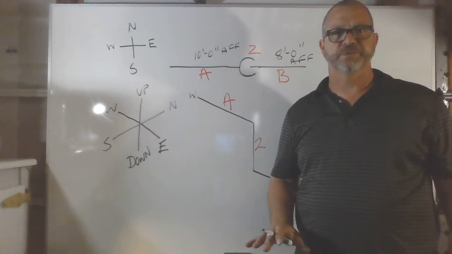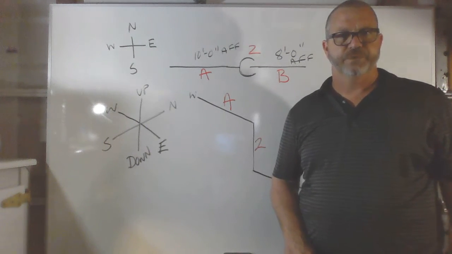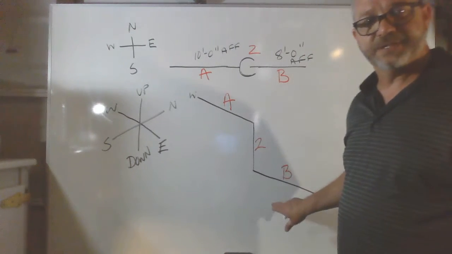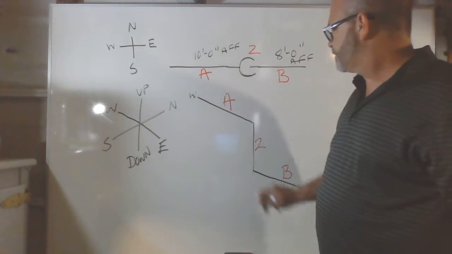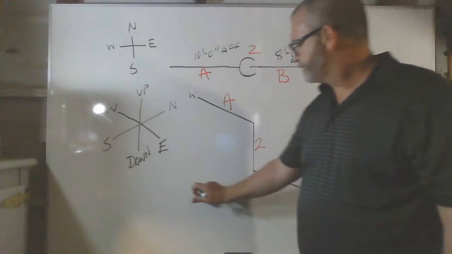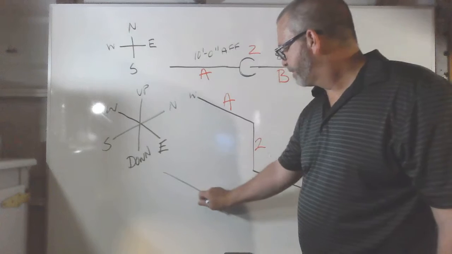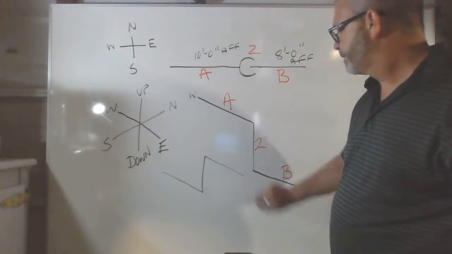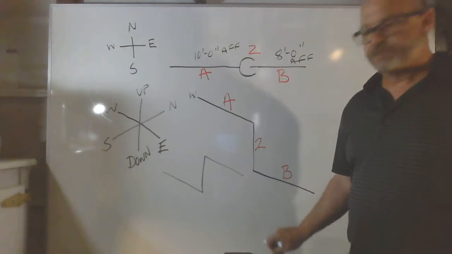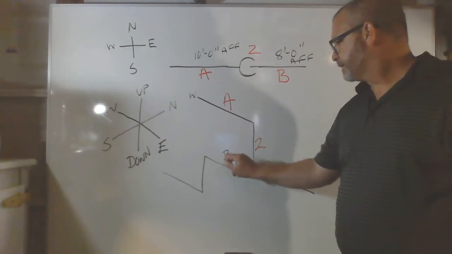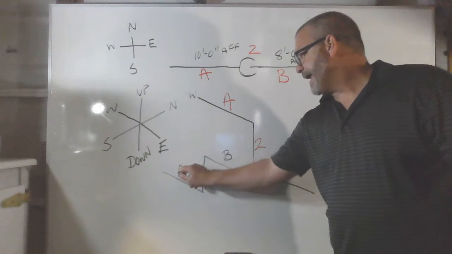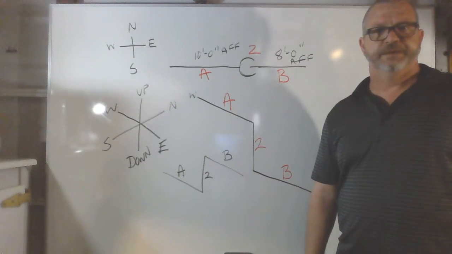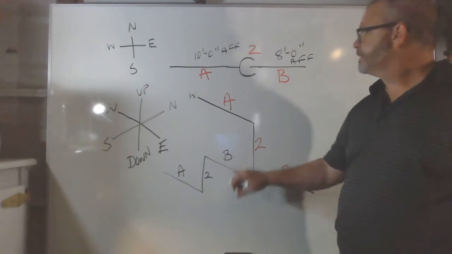It doesn't work. You know what I mean? In other words, you'd have to change this drawing. This drawing would end up looking like this. Okay? So B is higher than A, and this is still 2. All right? So this one is that.